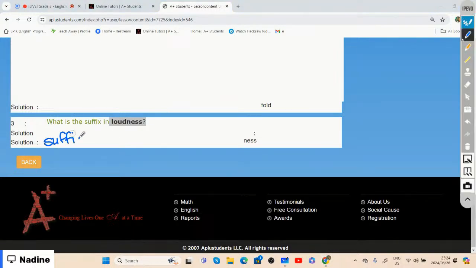And what is our base word? What is our base word within that word? The base word, the word that can stand on its own.